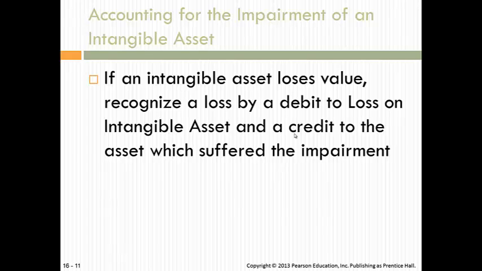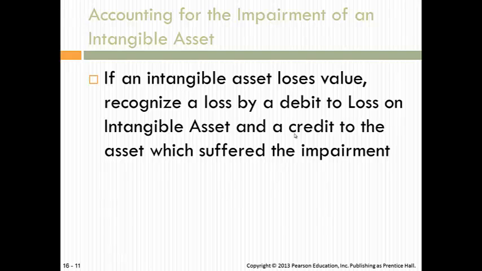Finally, we have asset impairment. If an asset loses value, it is said to be impaired. For example, let's say a company holds the patent for the invention of flying car parts. The patent is valued at $10 million and is on the company's books for that amount. Another company invents transporters, like in Star Trek, that instantly move a person from one place to another, and no one wants flying cars anymore because they're not needed.